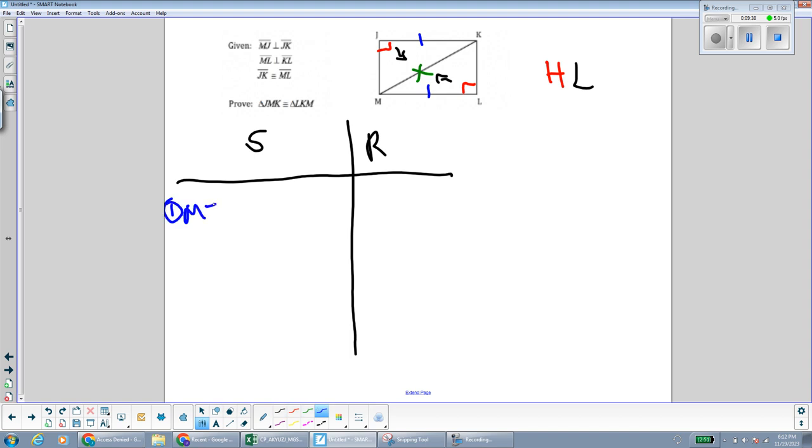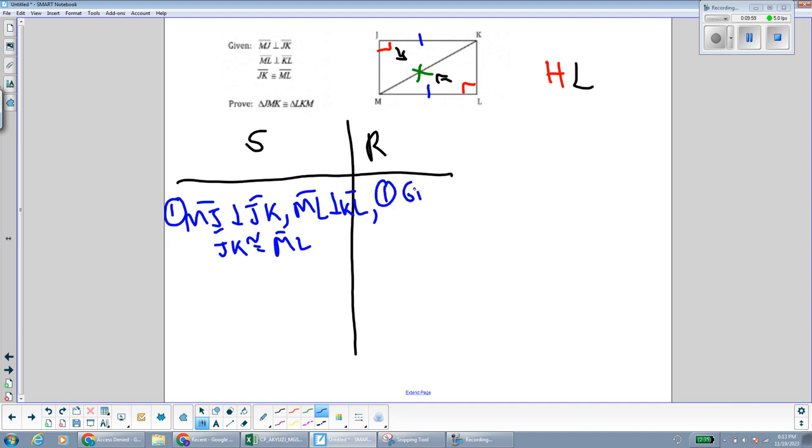So for our givens, let me just write those really, really quickly. Of course, I make mistakes when I try to write really, really quickly. Okay, there's our givens.